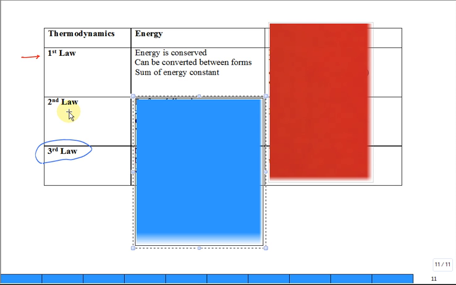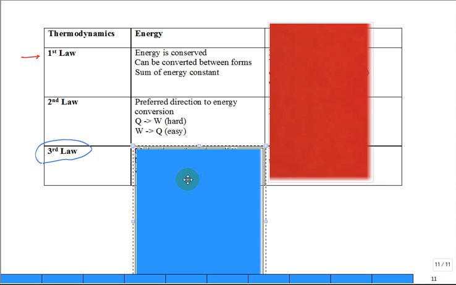What about the second law of thermodynamics? Well, in review, we've studied the second law, and we found that it dealt with the direction of energy conversion. So some conversion of energy between forms is easy, some is hard, some is limited, some is unlimited. So the conversion between heat and work is limited. It's hard.